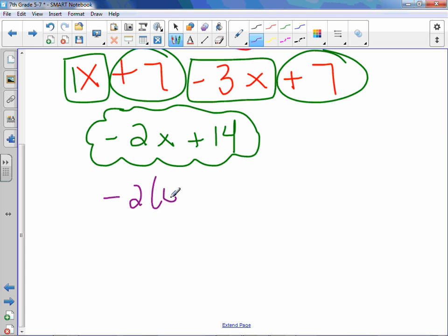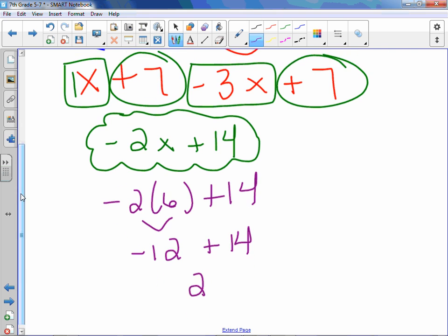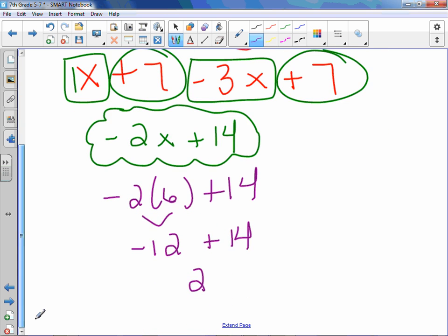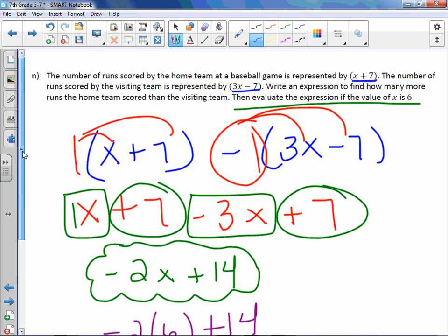Negative 2 times 6 plus 14. Negative 2 times 6 is negative 12 plus 14, which is 2. And this represents the number of runs. So this would be, I guess, runs? Doesn't really specify.